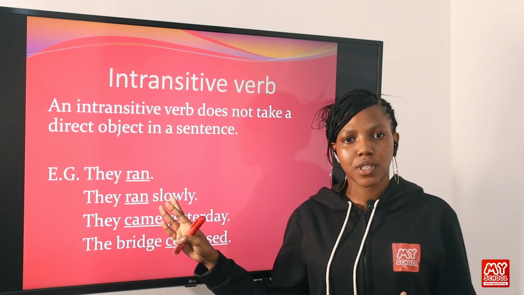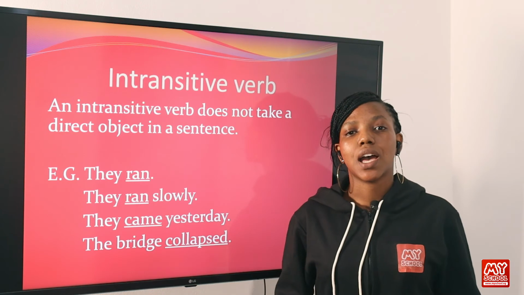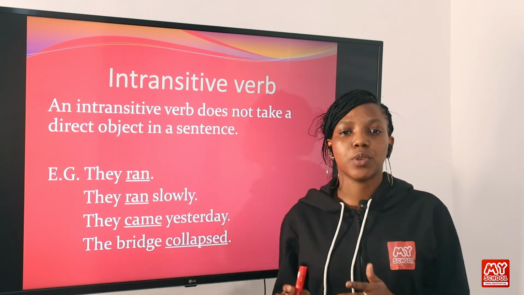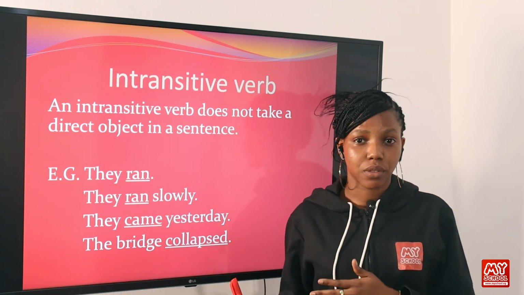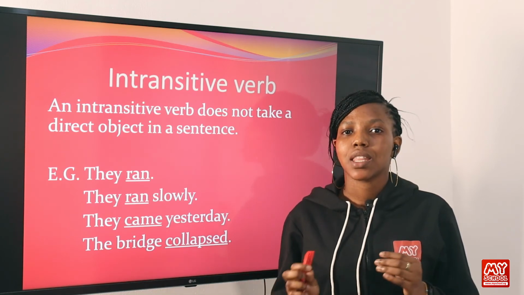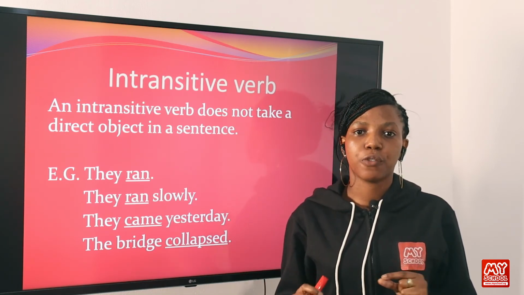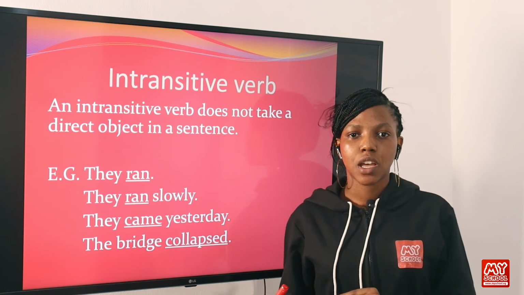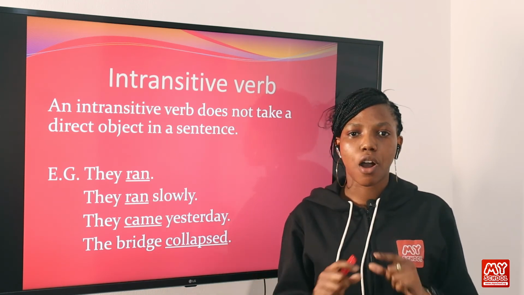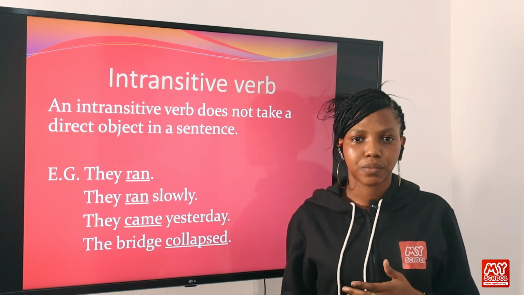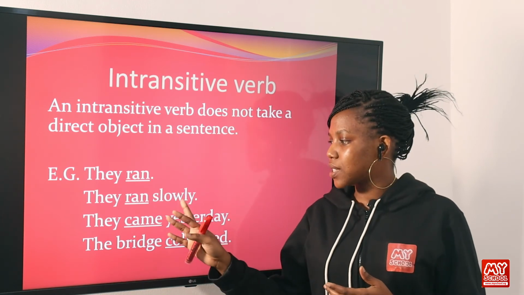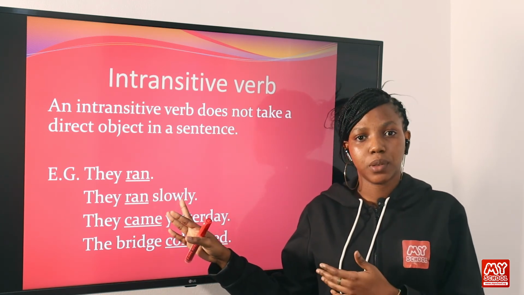Now you should note that a subject and an object are usually nouns or pronouns. That is the part of speech of subject and object. They are always noun or pronoun. Now this word is an adverb.